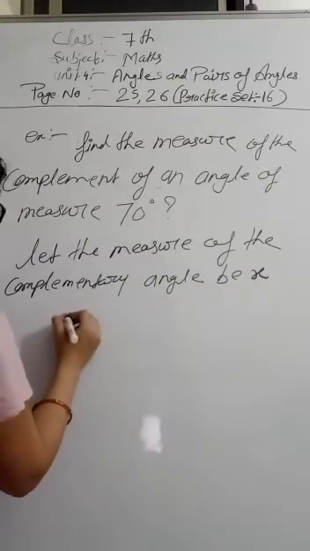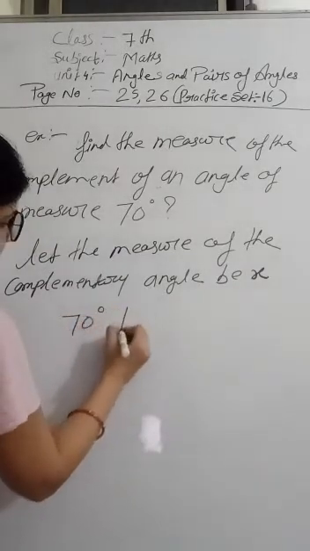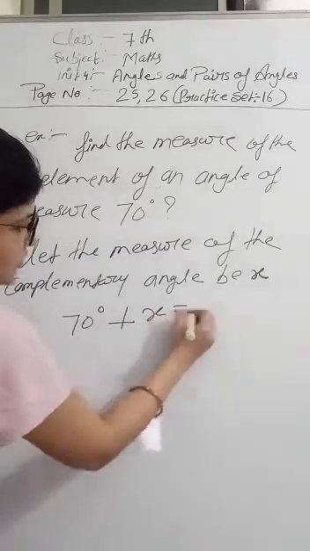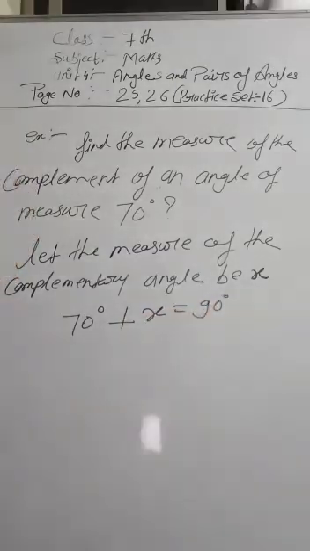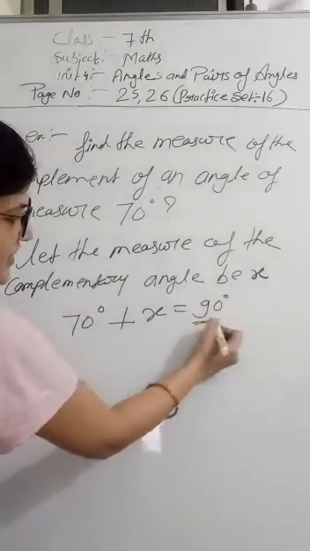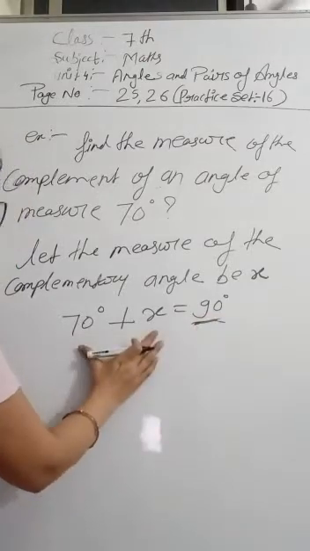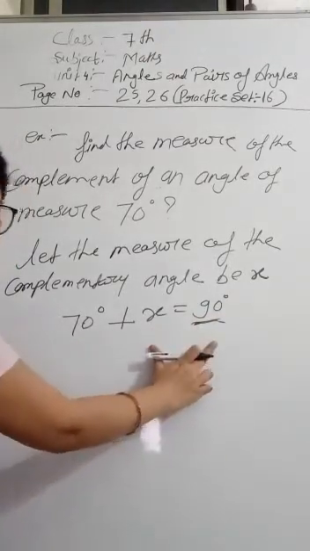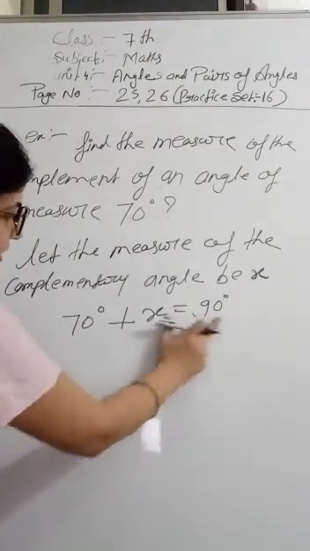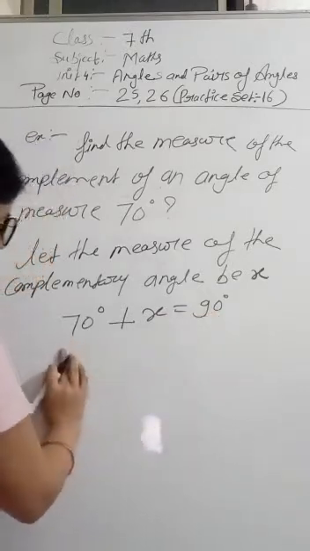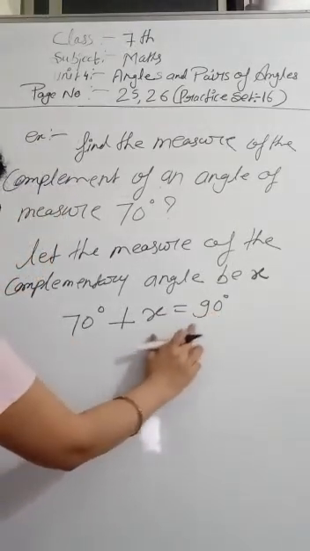We will write here 70 plus x equal to 90 degree, because the sum of complementary angles is 90 degrees. So 70 degree plus x equal to 90 degree.